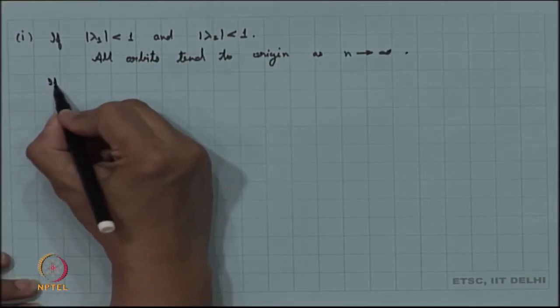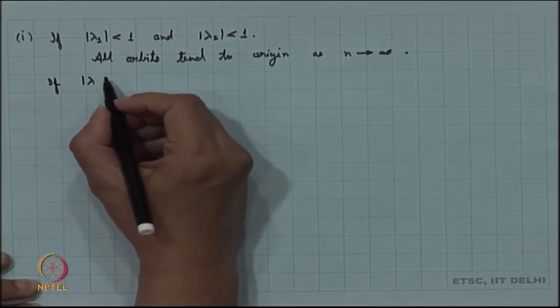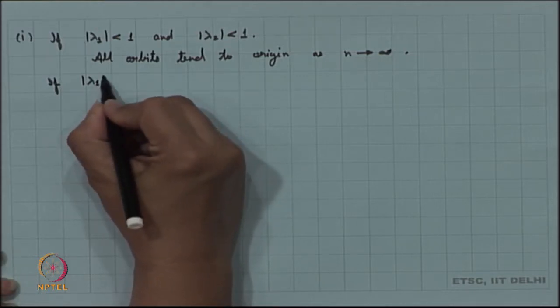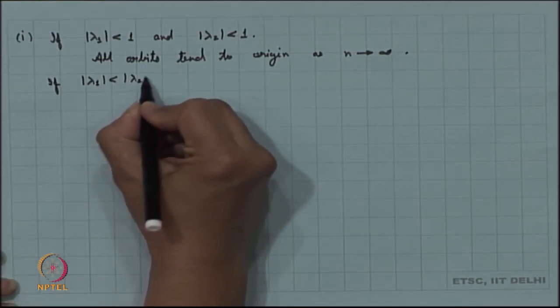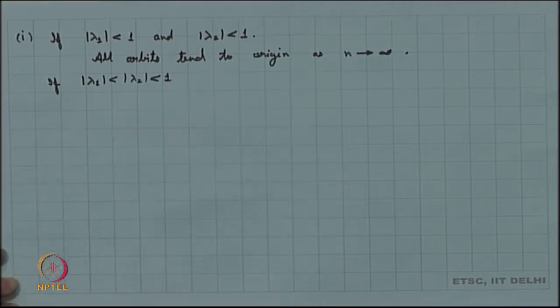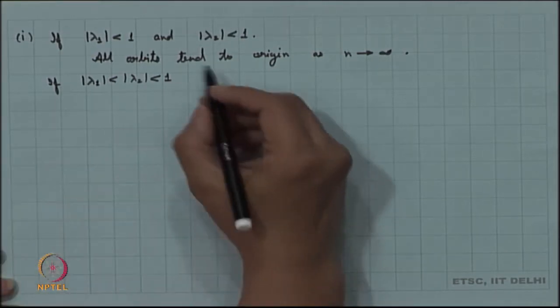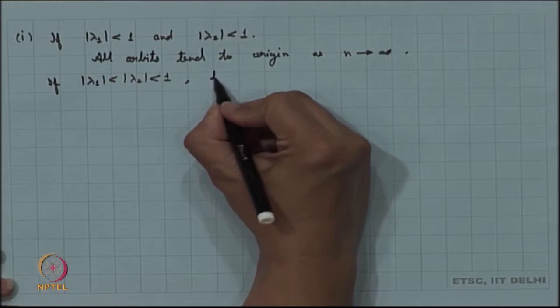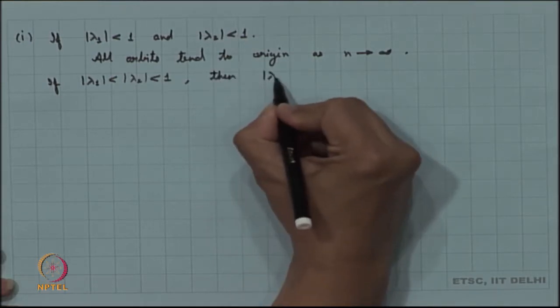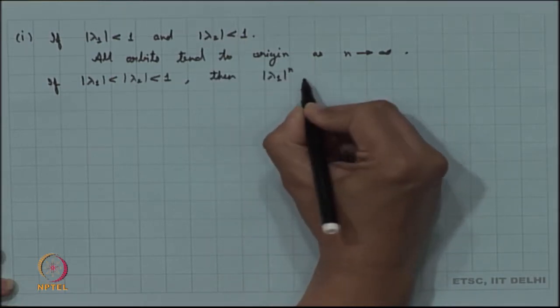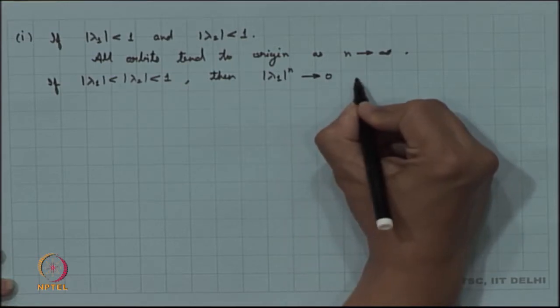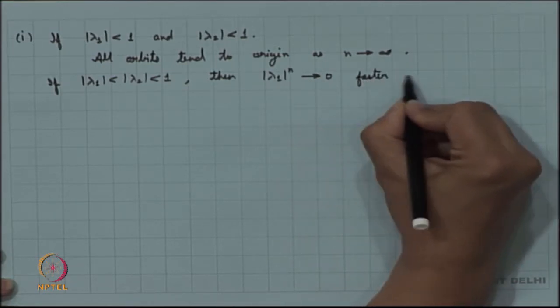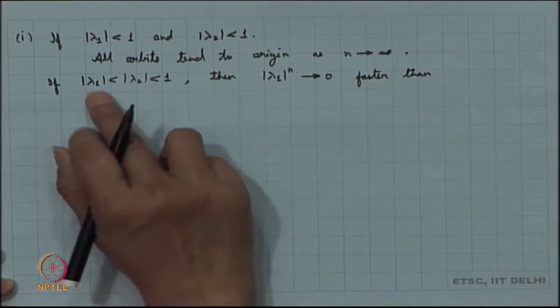So, if we have, say, mod of lambda 1 less than mod of lambda 2, which is less than 1, what happens in that case? Then mod of lambda 1 to the power n tends to 0 faster, because it is smaller.